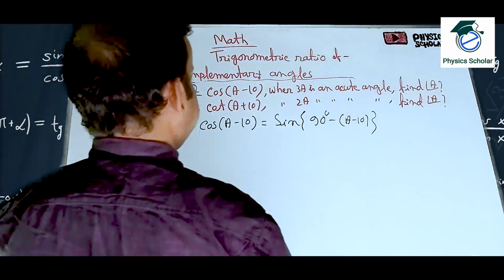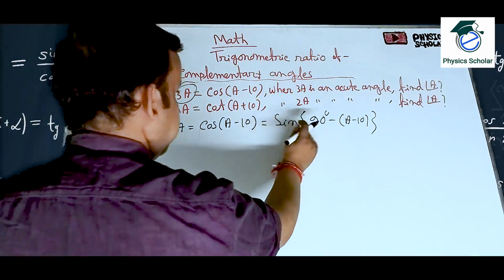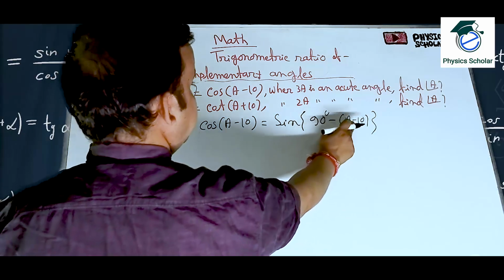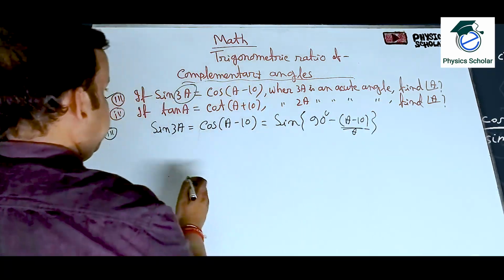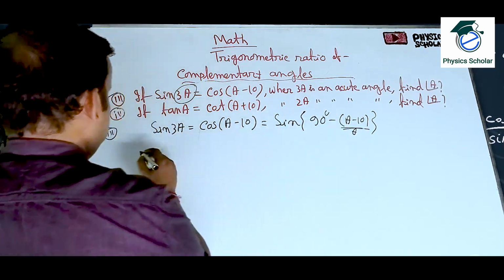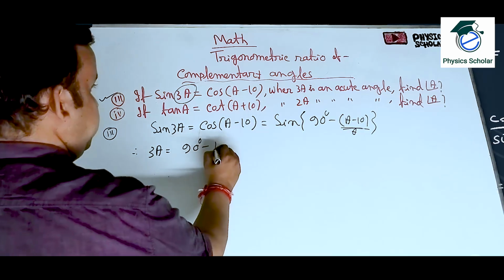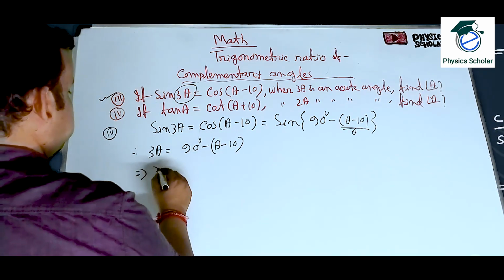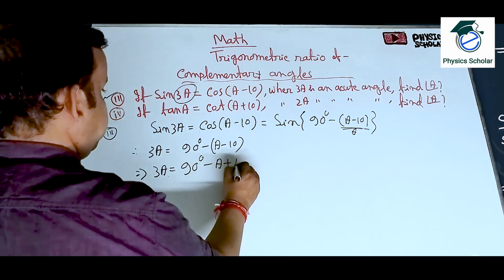So this line and this line are the same because we know sin 90 degree minus theta is cos theta, where theta here means a minus 10. Clear? So by comparing, sin 3a is equal to sin of this. So what can we write? Therefore 3a is equal to 90 degree minus a minus 10. Clear? So now 3a is equal to 90 degree minus a plus 10.